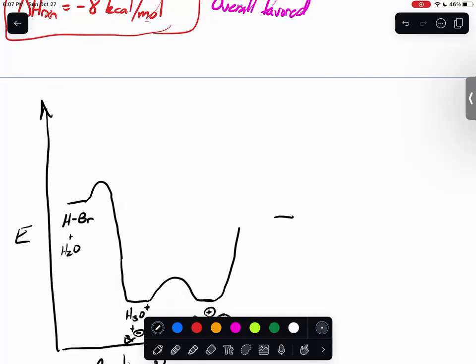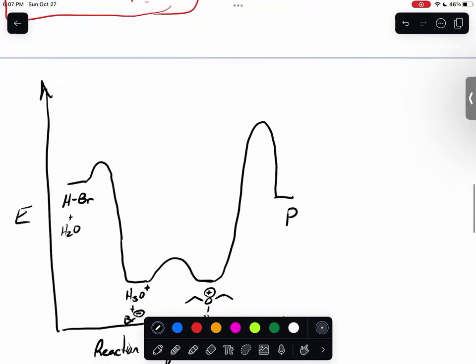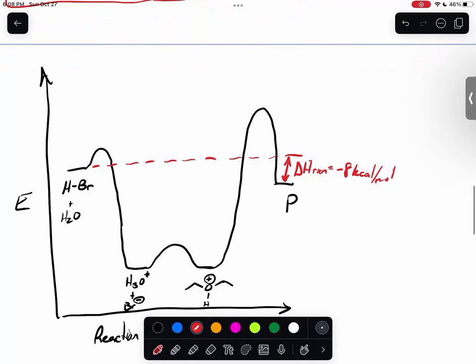But essentially, what we see is the overall course of the reaction, right? We see that the delta H of the overall reaction is -8 kilocalories per mole. But the delta H of that last step right there is plus 23 kcals per mole.